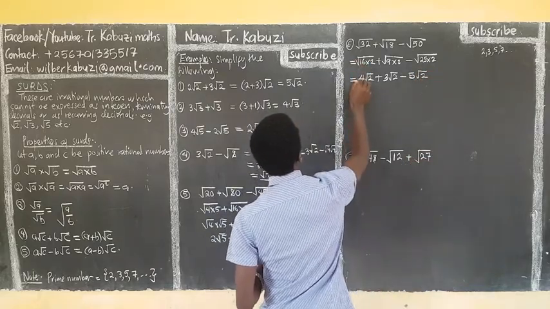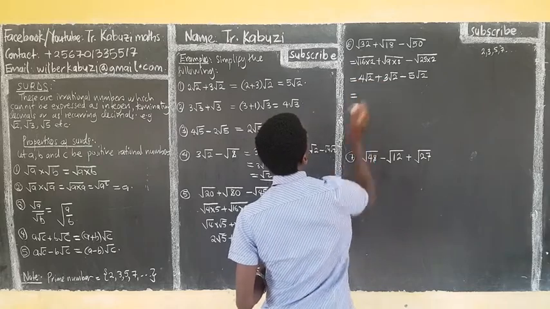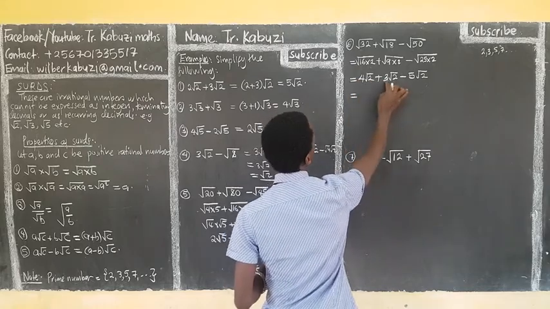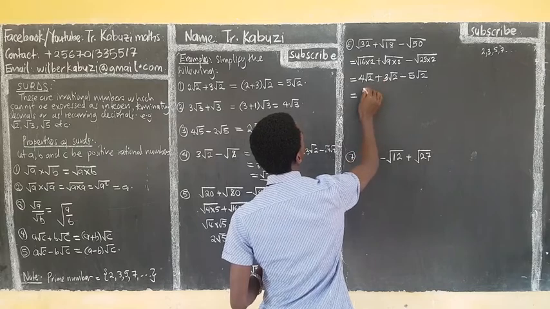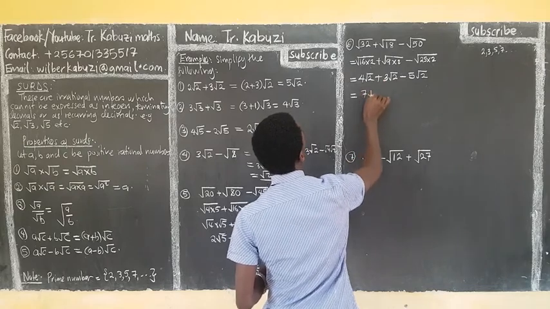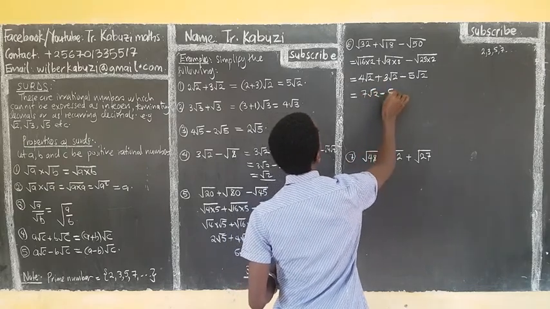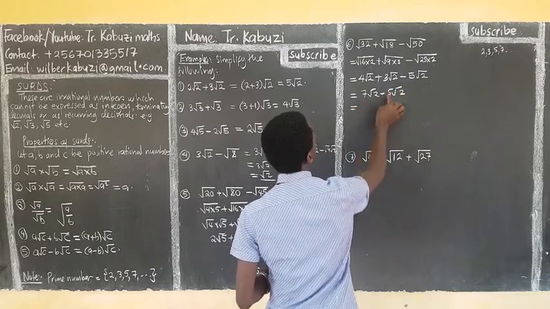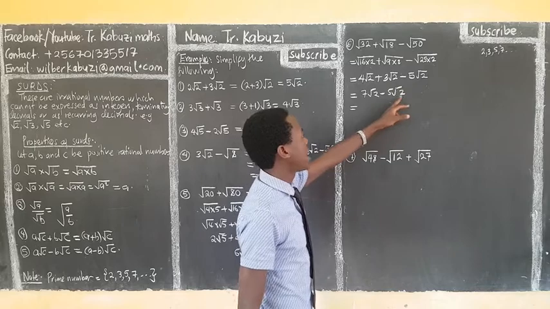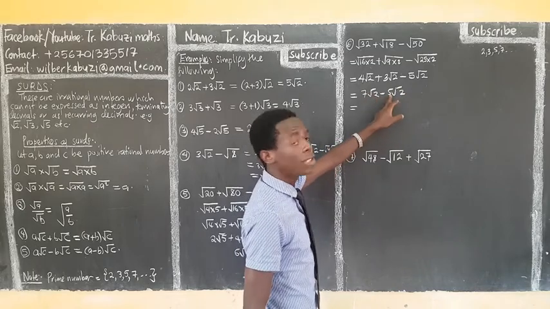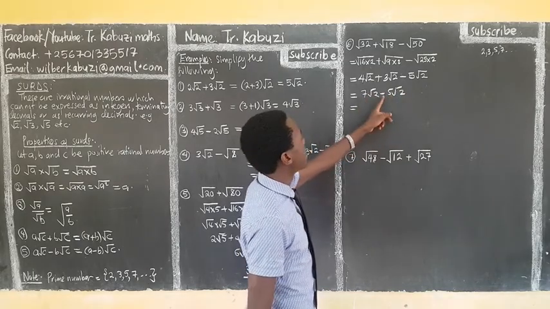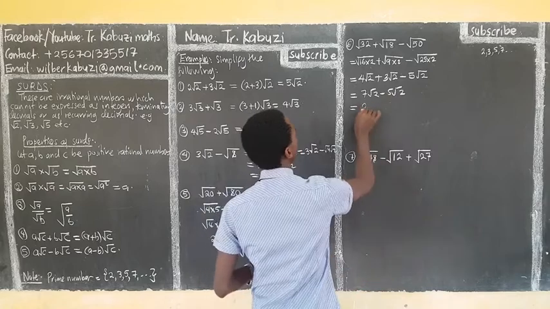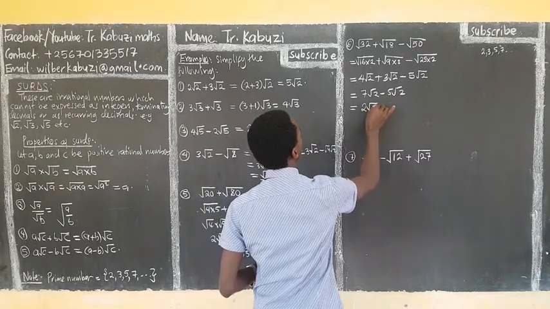Now this is the same and this is the same, so you can add 3 plus 4, you get 7 root 2. Then minus 5 root 2. Because these are the same, I can subtract the coefficients. So 7 minus 5, I get 2 root 2.